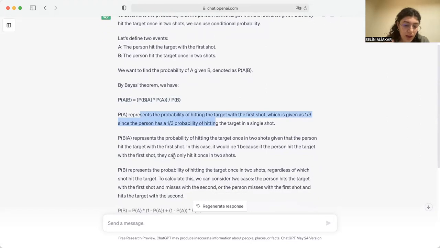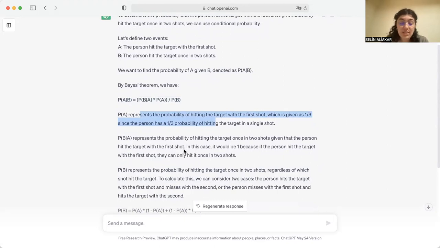That is true, and it defines the probability of B given A. As we know, it is given that the person hit the target in the first shot.